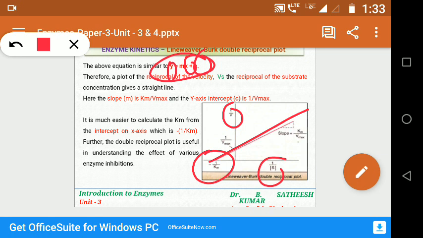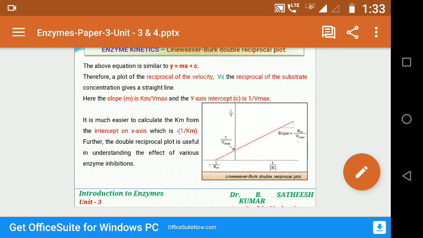Now that Km value will be more accurate than that calculated from the substrate concentration saturation curve which was used earlier. Therefore, we can easily calculate the Km value with more accuracy, and we can calculate the Vmax value here, and from the slope we can calculate the Km by Vmax value also.